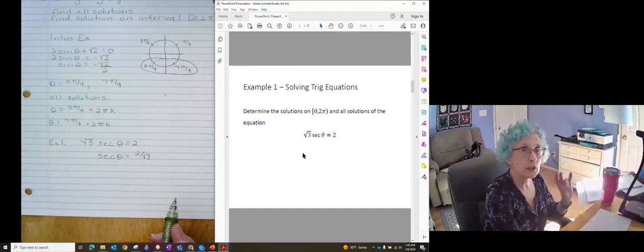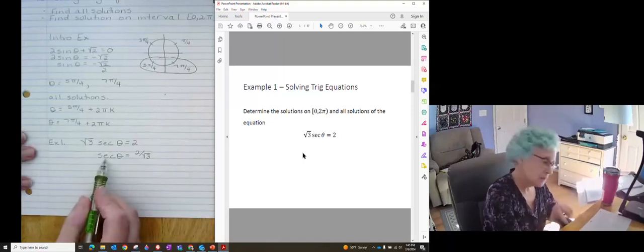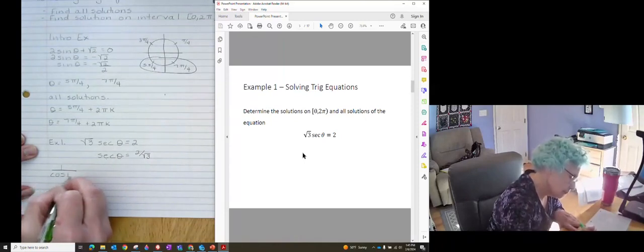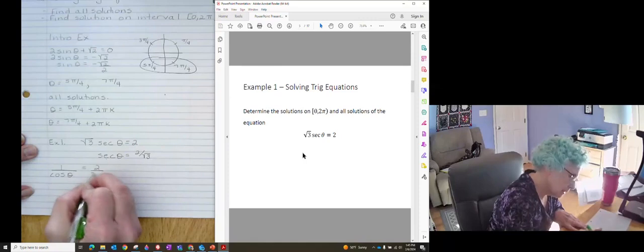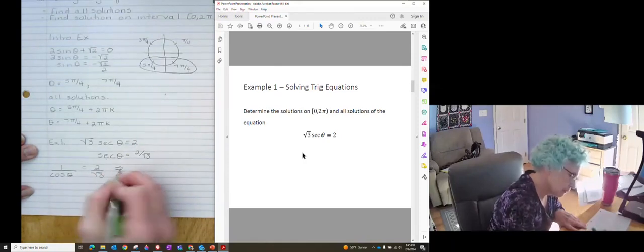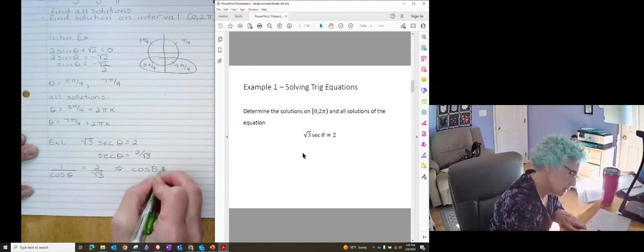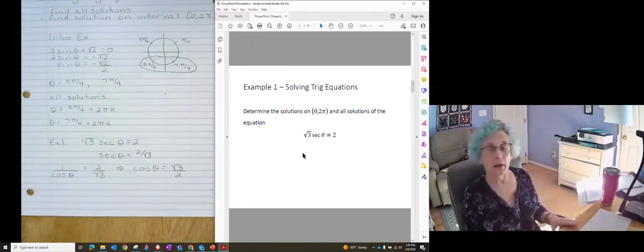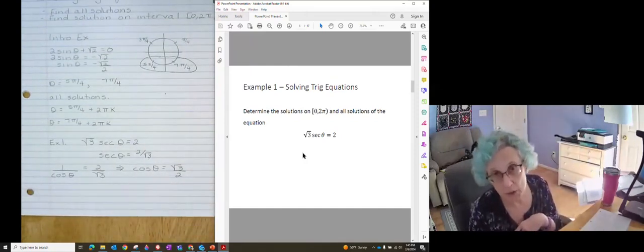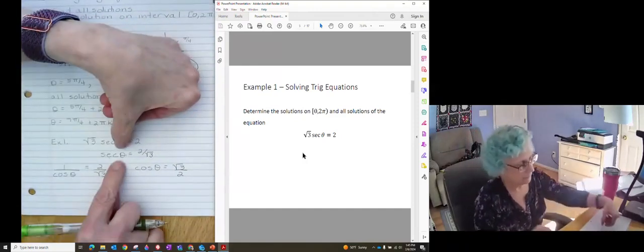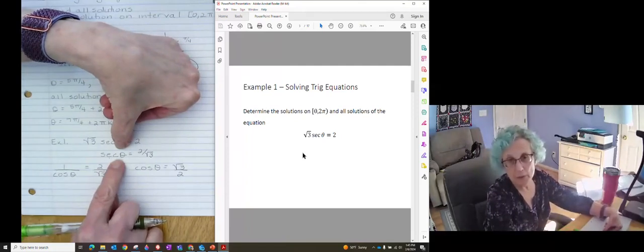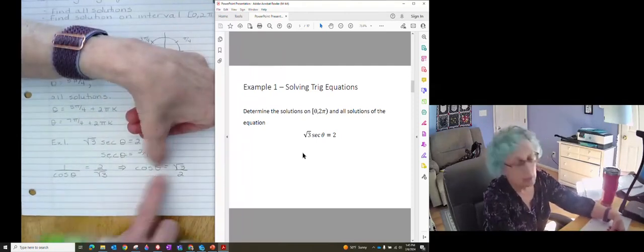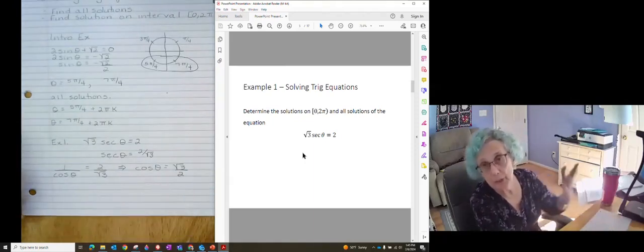If you're a bigger fan of sine and cosine, I would rewrite this as 1 over cosine of theta is equal to 2 over the square root of 3, which means cosine of theta is equal to the square root of 3 over 2, and that's something I can just read off my unit circle, and I like that. Yeah, by the time you do them all, you'll look at this and say, secant equals 2 over square root of 3, so cosine is square root of 3 over 2.